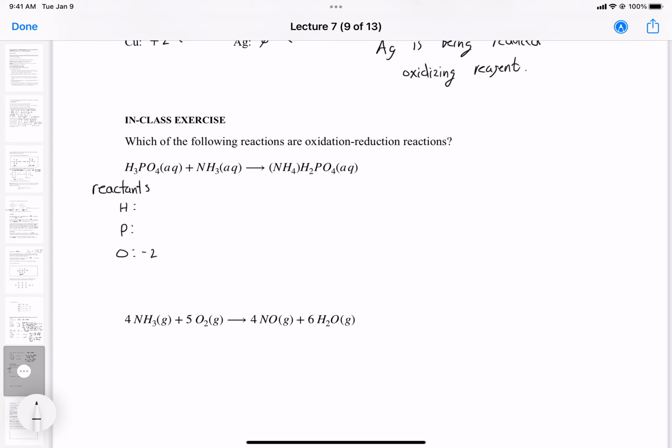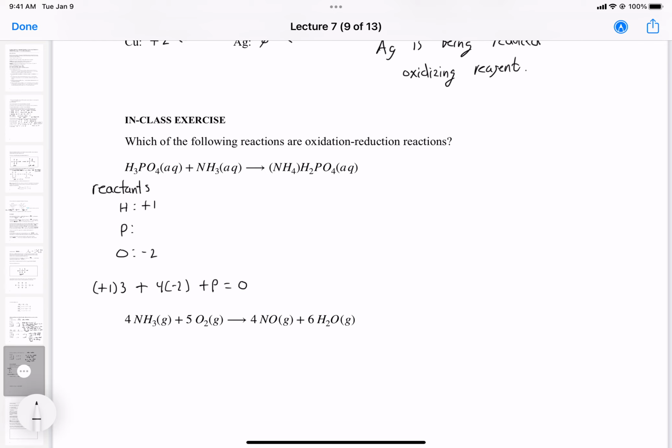In this case, neither element is a metal, so we can say hydrogen should be +1. Now we have +1 times 3 plus 4 times -2, and we need to find the value for P that will make the total equal 0.